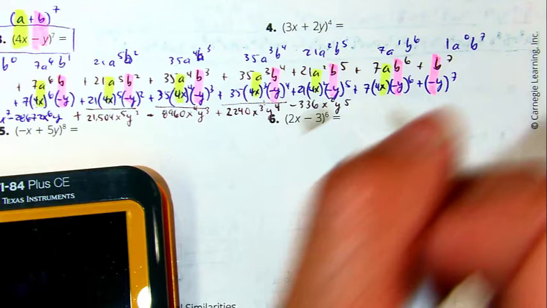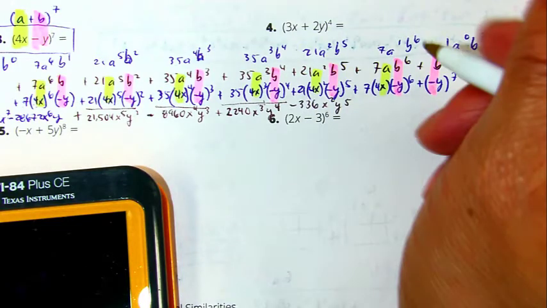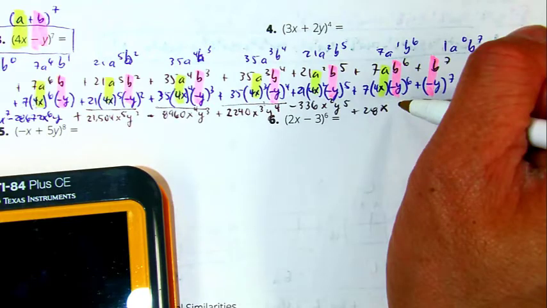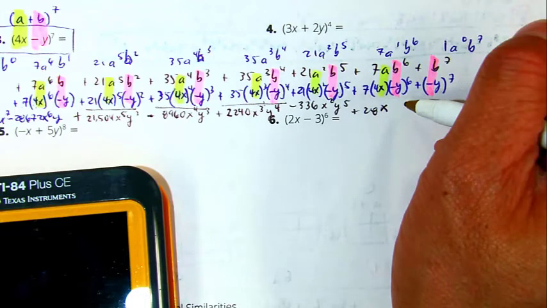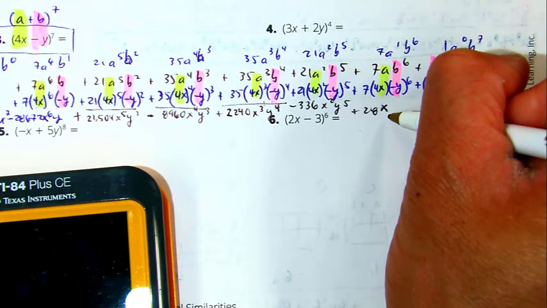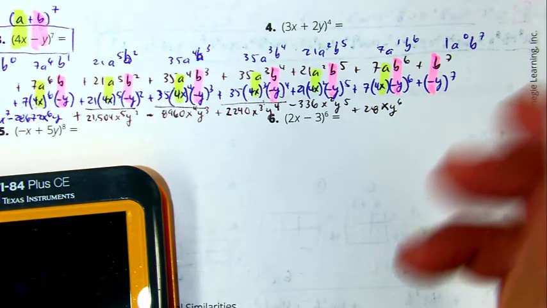Echo? 28. Positive or negative? Positive. Positive 28 what? X. And what's your next variable? Negative y to the 6th. Remember, the negative, that's negative 1 times itself 6 times, turns into a positive, and that's why that's positive. So the negative actually goes away.